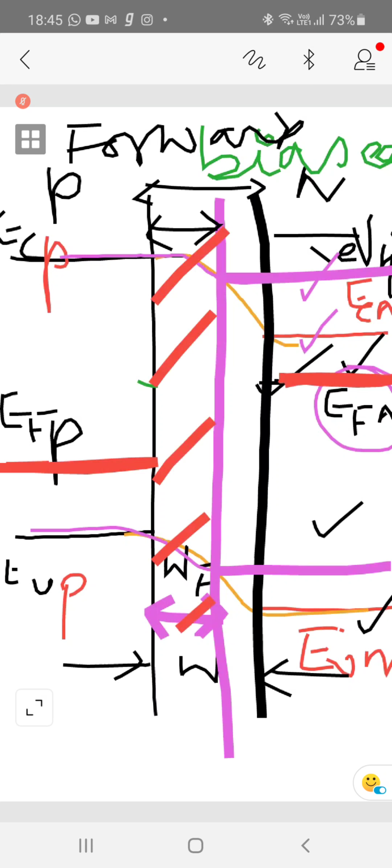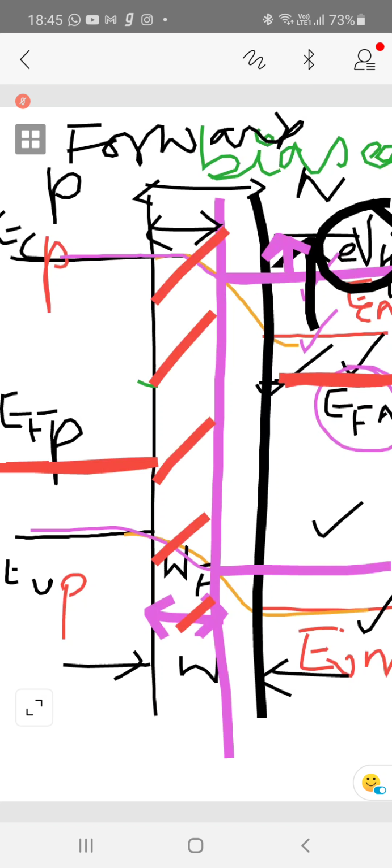In the previous case, this was EFN. From this red line to here was EVBI, or the barrier height. Initially that was the barrier height. Now since the depletion width has decreased and you are maintaining a continuous energy band diagram, what is the barrier potential?